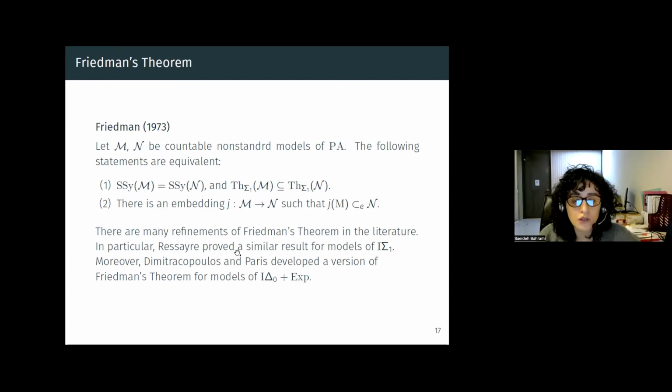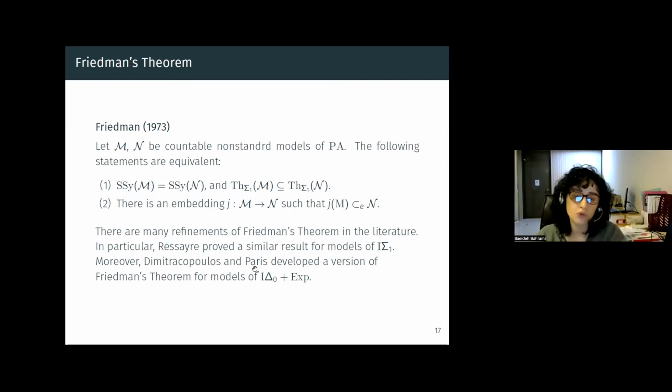And in his results, he talked about how, whenever M and N are equal, J fixes elements of M. And then we have a similar version for models of IΔ0 plus exp. Here there are some details: M and N need to be recursively saturated, or one needs to be one-tall and the other needs to be one-extendable.